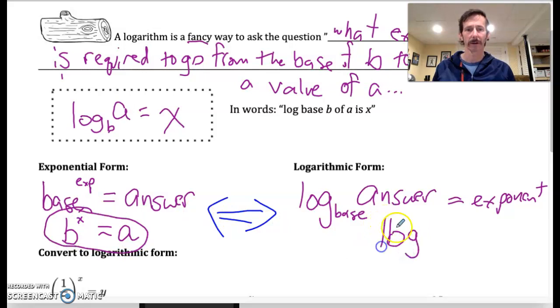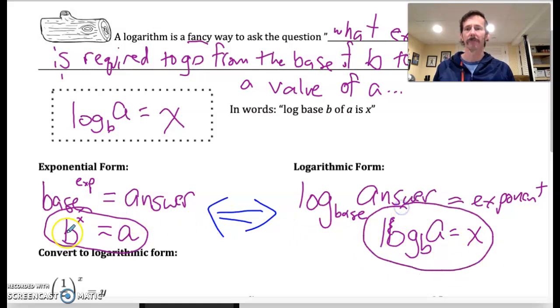Log base b of a equals x. Now I use the same letters because these expressions can be written from exponential to logarithmic and from logarithmic to exponential. The base of the exponent is the base of the log. The exponent is the answer over here, and the answer for my exponential becomes the input on my logarithm.